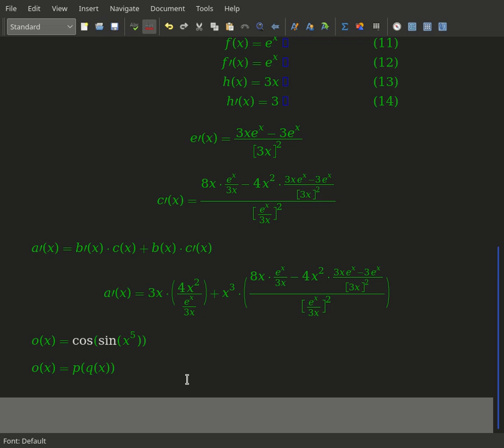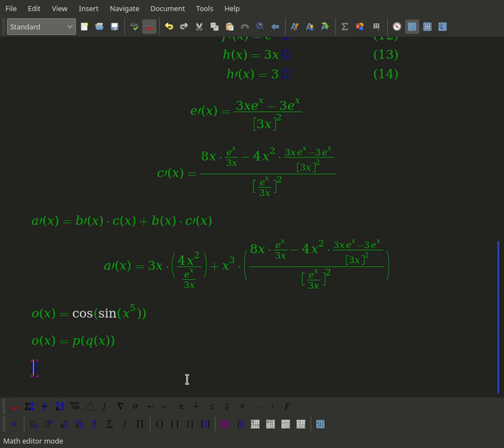Because it's a chain rule type deal, we know that O prime of X is going to be equal to P prime of, make a nice big parenthesis, happy parentheses, Q of X, closing big parenthesis, times Q prime of X.